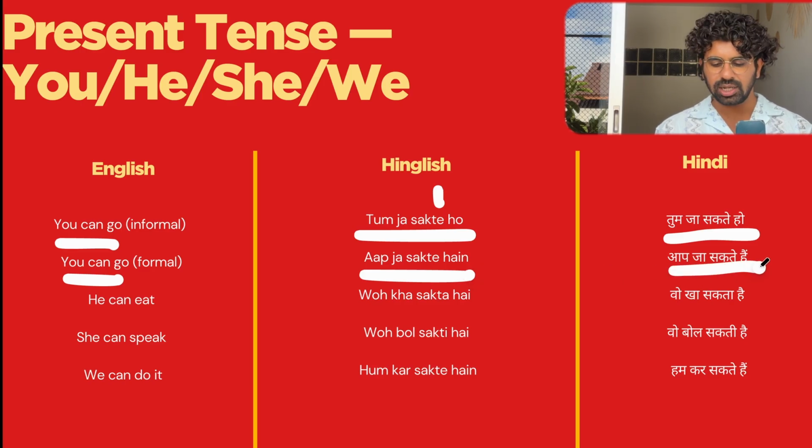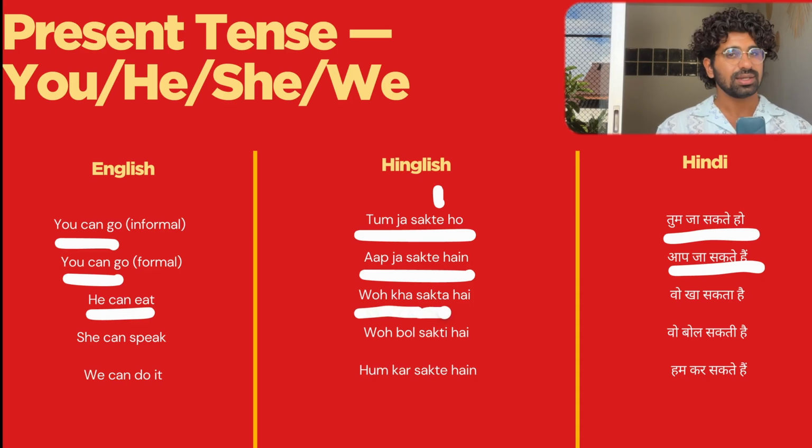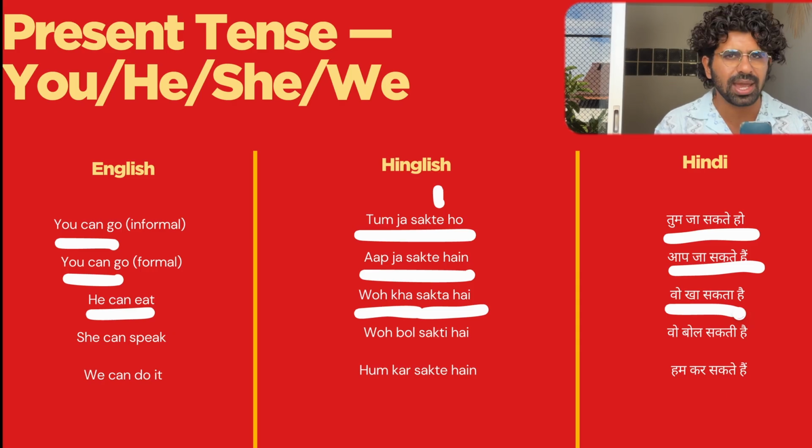आप जा सकते हैं. Now we have he, and you will see here it will change to the masculine one. So "he can eat." वो means he. खा सकता है. खा means eat. So वो खा सकता है. He can eat. If it was "I can eat," it will just be मैं खा सकता हूँ. Perfect.